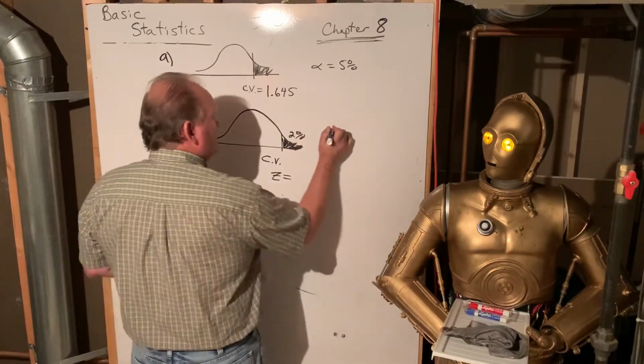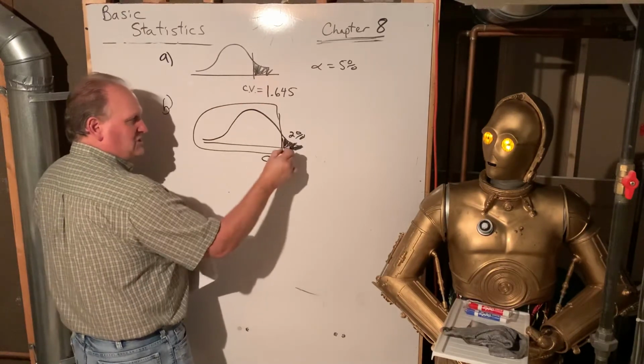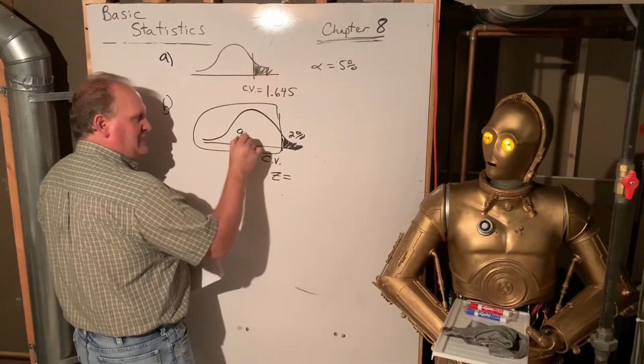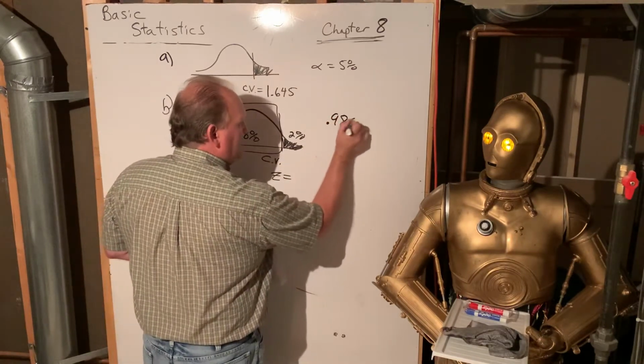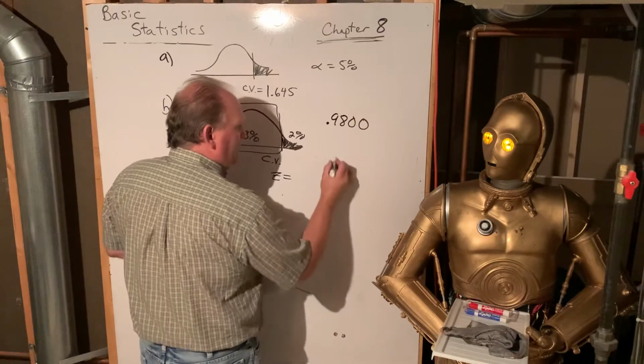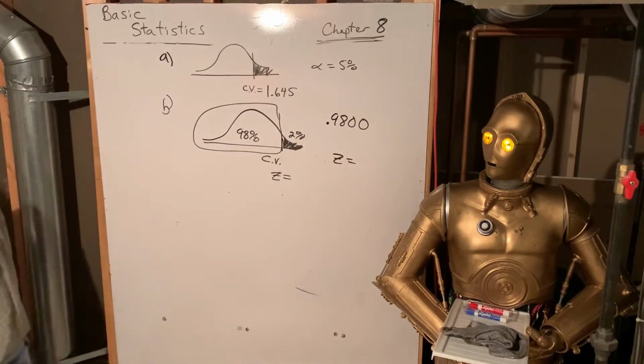If that's 2%, then this part of it's 98%. So we're going to look up 0.9800 and then find the Z score that matches with that. That'll be our critical value for this one.